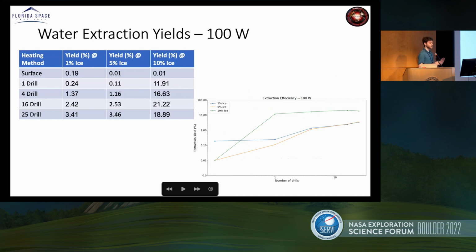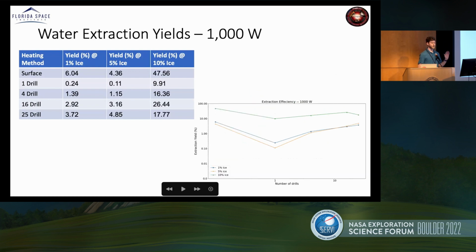But it depends too, because the amount of ice present, whether it's an ice-poor or ice-rich regolith, can have an impact, as there are some slight dips and troughs in there, but they get exacerbated even further as we increase the temperature, where surface starts to become a more effective style of heating for all types of ice. But the ice can start having a crossing-over point where less ice is actually a little bit more effective than more ice, until you get to the most amount of drills.